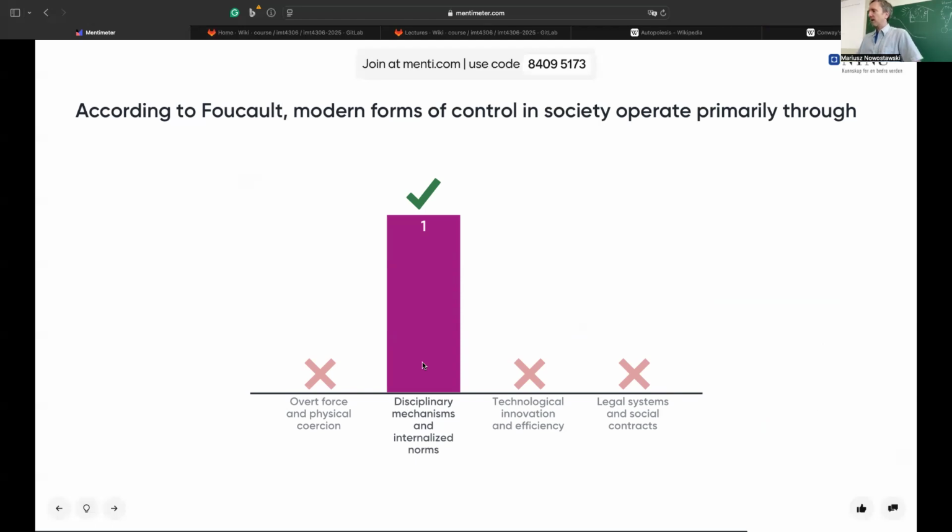So the causality between legal systems and what we do is not an easy one. And also coercion and physical force, yes, in exceptional circumstances people do what they have to do because they are coerced, but the majority of control is here, right?